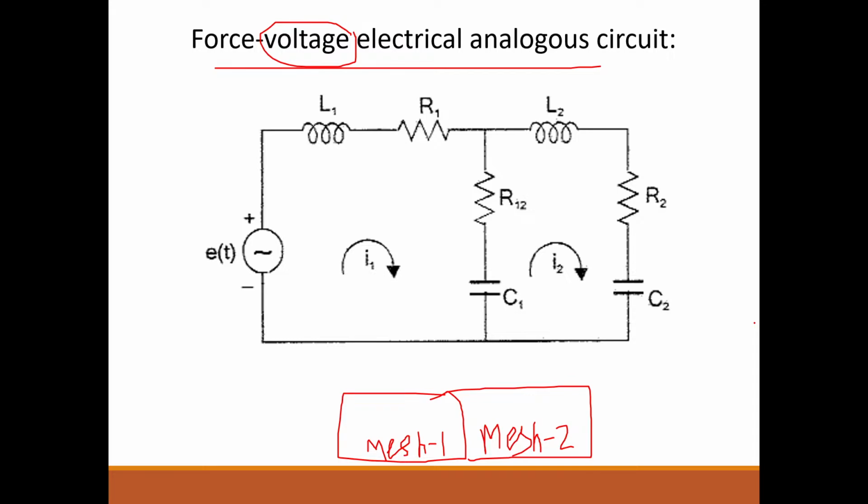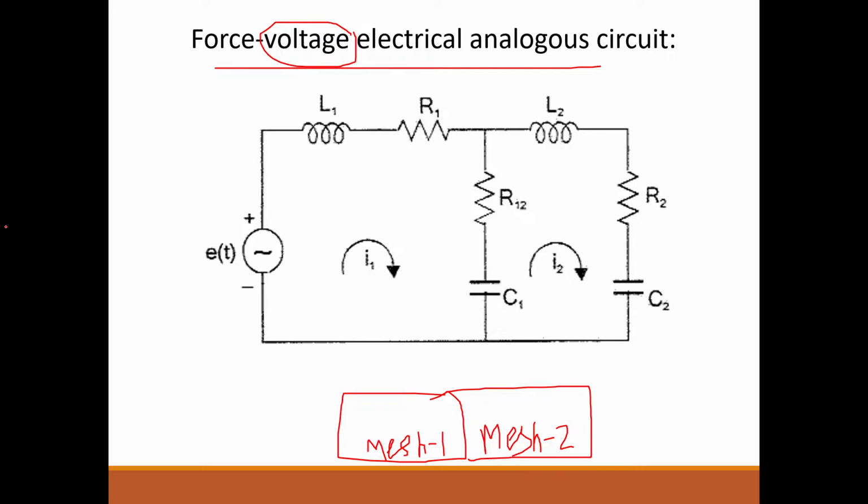In that diagram, you can see the elements were B12 and K1. B12 and K1 were the elements between mass 1 and mass 2.